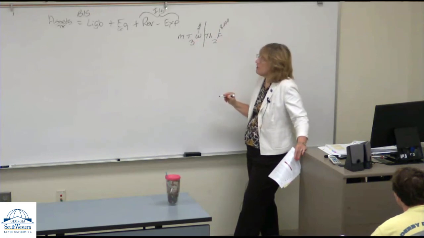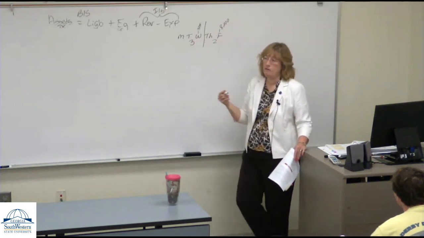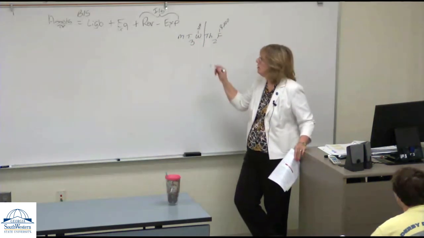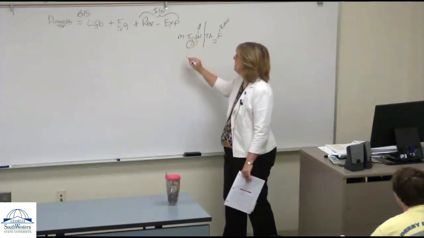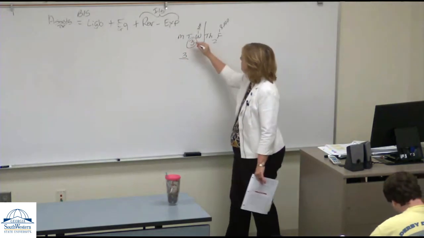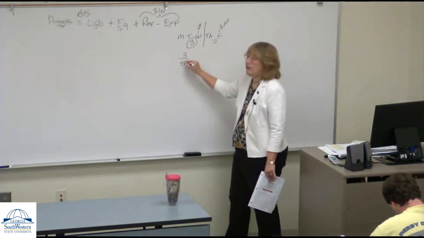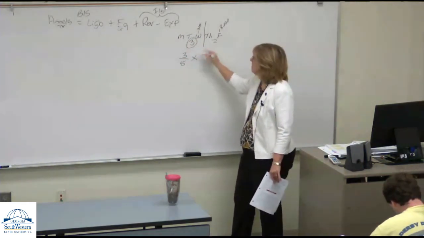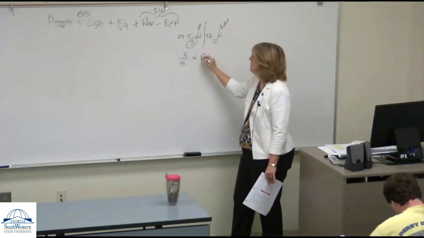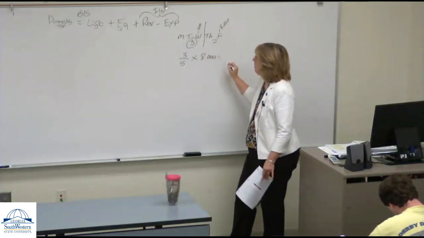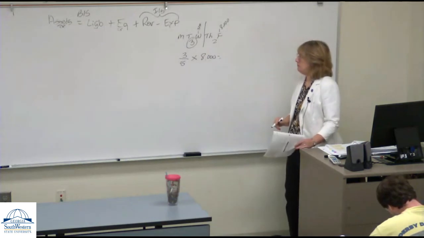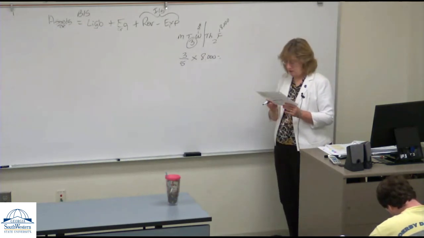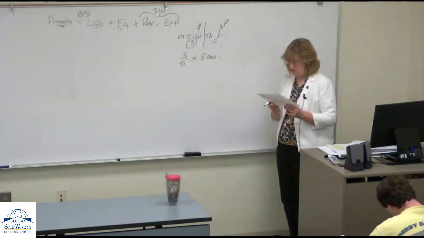So as a fraction, what's our fraction? It's these days, 3 over the total days, 5, times the payroll amount, which is 8,000. So that is 4,800.